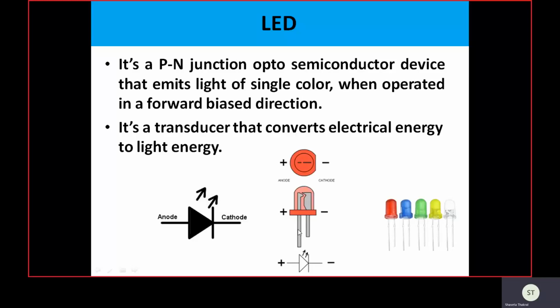So on the anode side we see a longer lead but a short width inside, and on the cathode side we see a short lead but the width of the cathode is comparatively large.